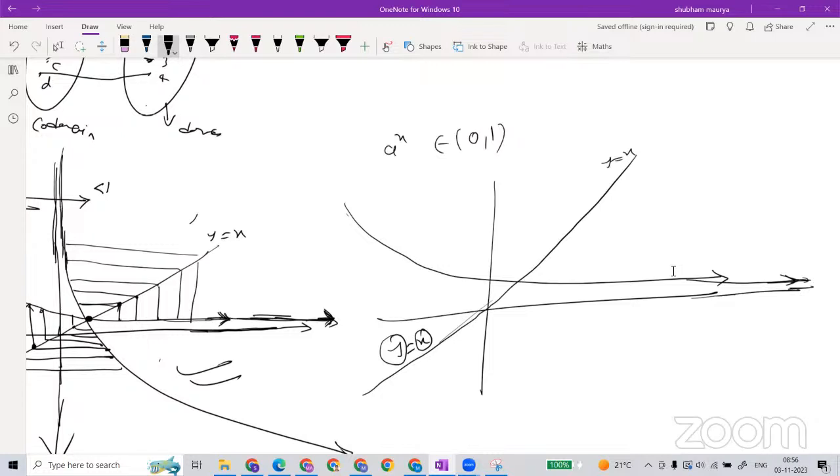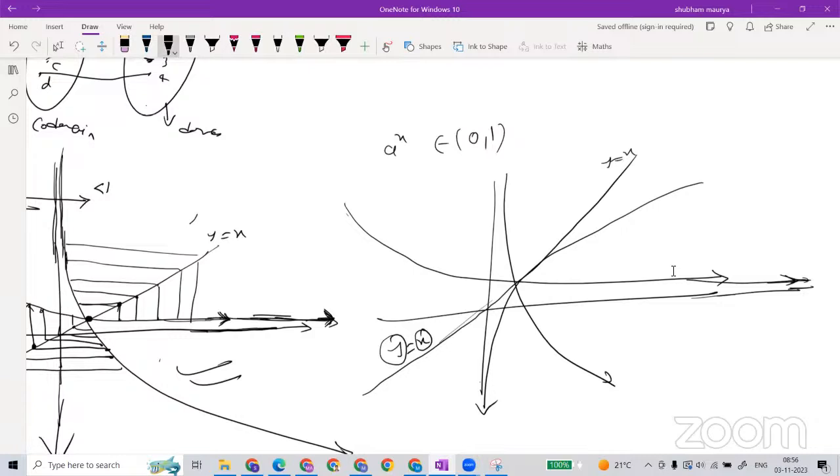Similarly, for the inverse, the y-axis is going to be the asymptote. So how could it be? There are two possibilities for the asymptote, this one or this one. Which one is going to be?